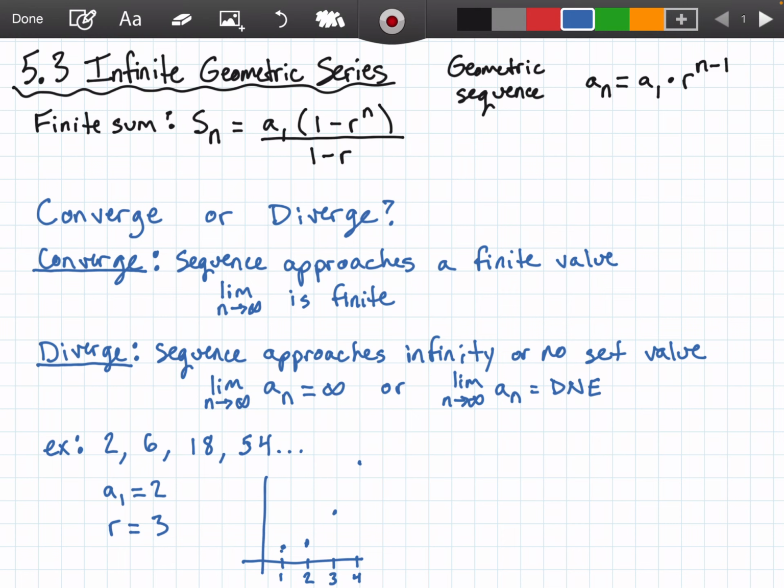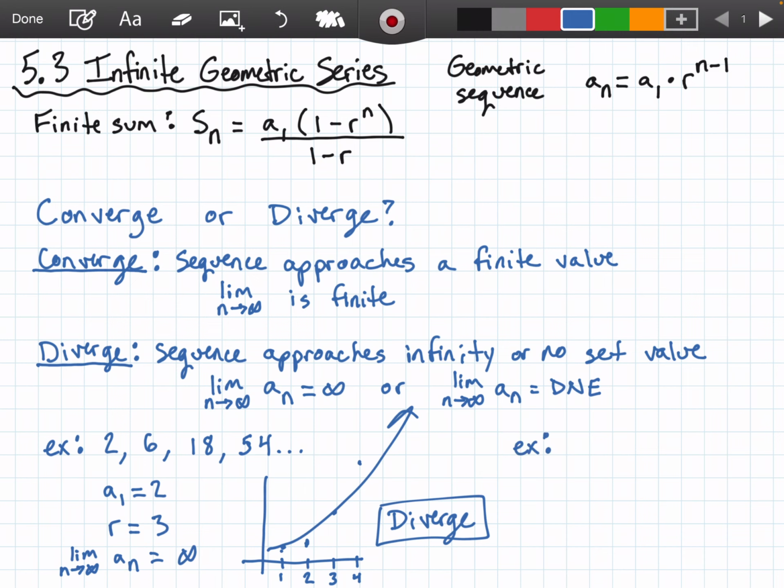But the point is it's essentially just doing this. So when I think about it in terms of limits, is that limit approaching a value or is it approaching infinity? In this situation, the limit is going to approach infinity, which means that this sequence will diverge because it's getting bigger and bigger every time.